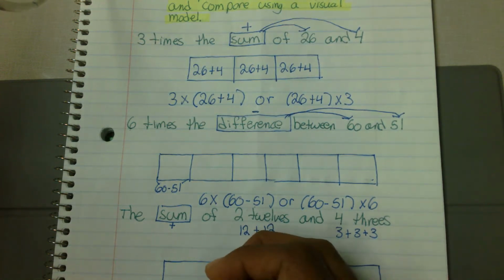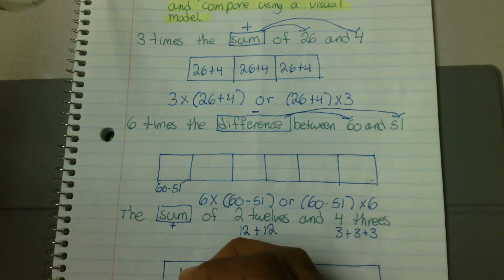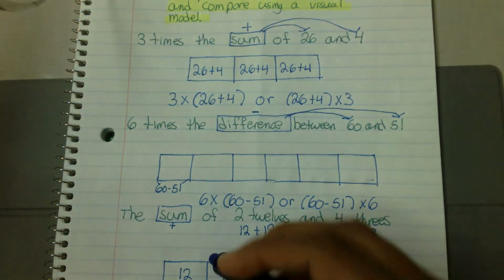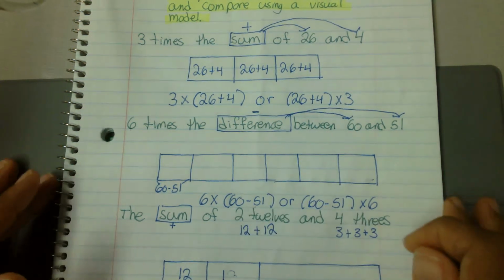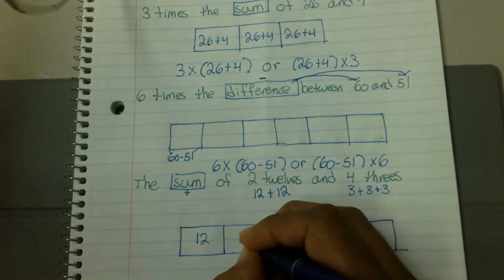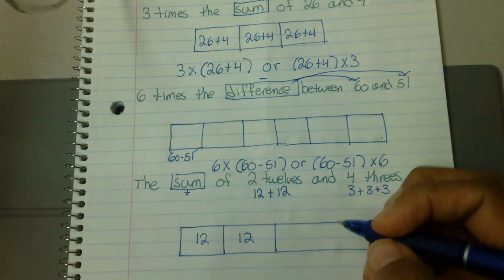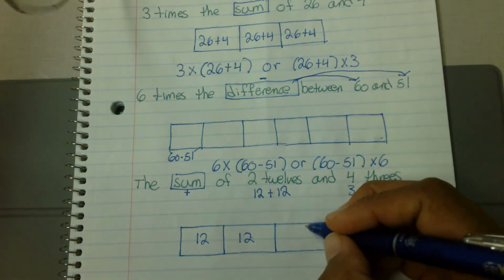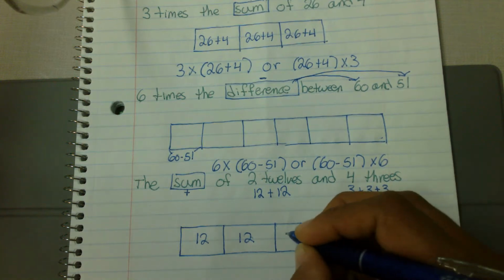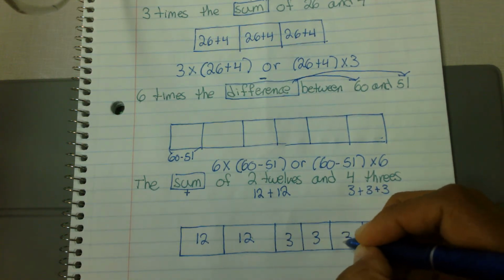So I have 2 12s. Here's a 12, and here's another 12. And then I have 4 3s. So 3, 3, 3, 3.